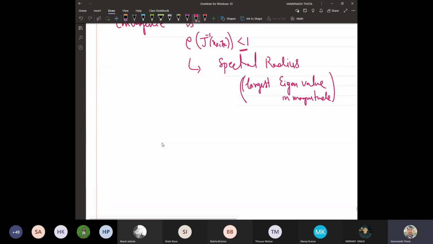And then what about the stopping criterion for this method?